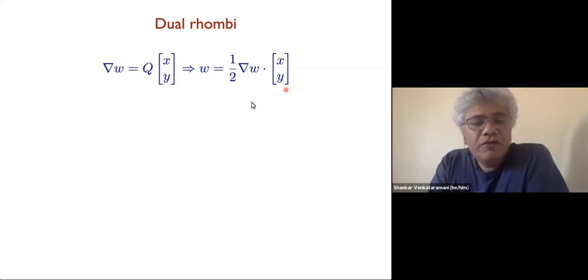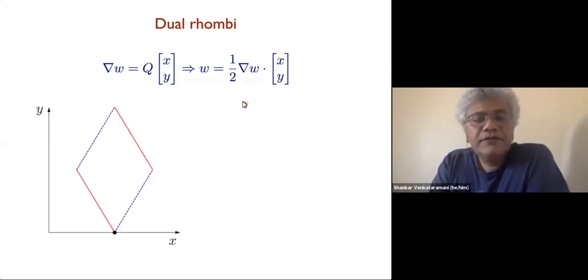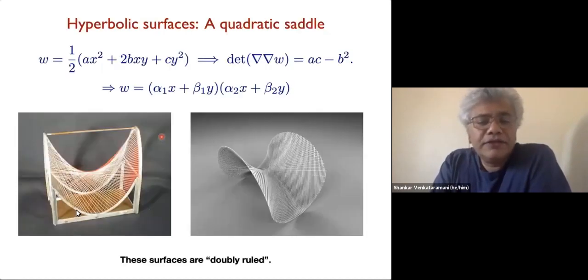So what do we know about these ruling directions? Yeah? So along the ruling directions, W is 0. Okay? So along these directions of the rulings, the gradient is orthogonal to the position. So if you think about these rulings and you project it down, you're going to get little parallelograms.